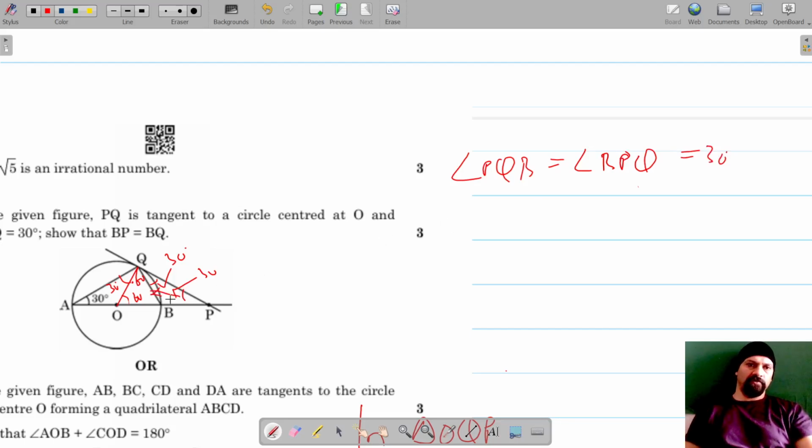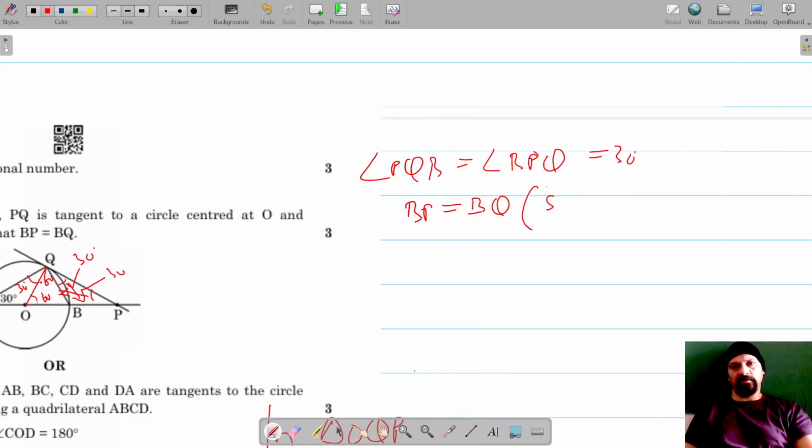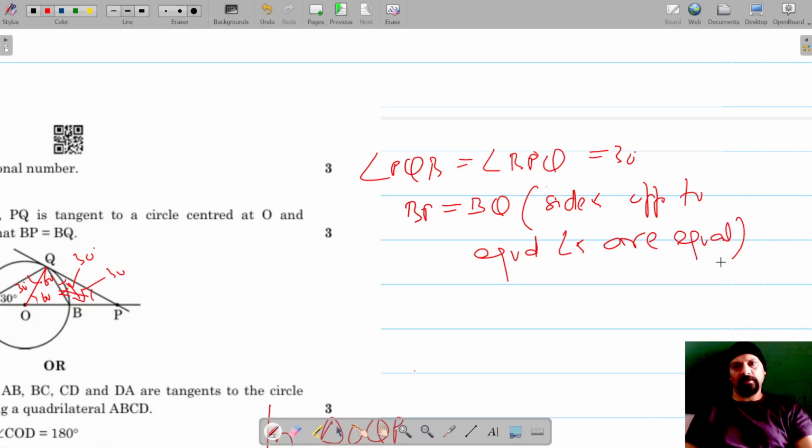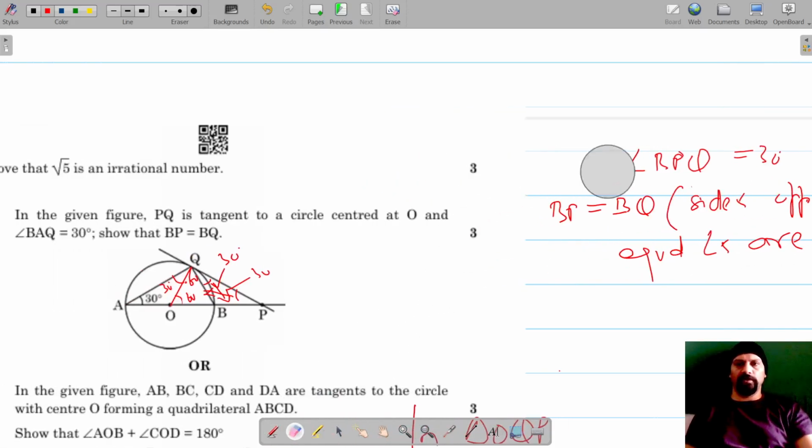BQ is the side opposite to P, and so this means BP is equal to BQ. And the reason here is that sides opposite to equal angles are equal. Okay.